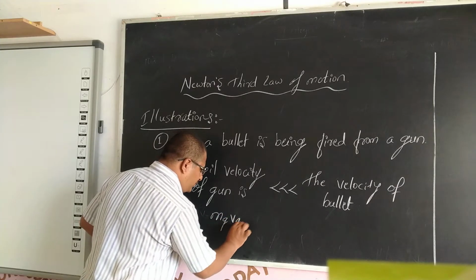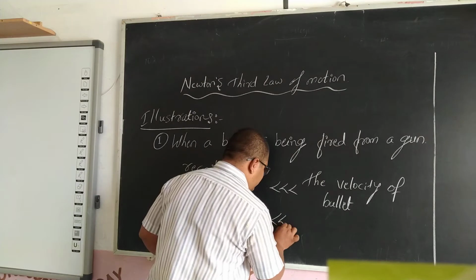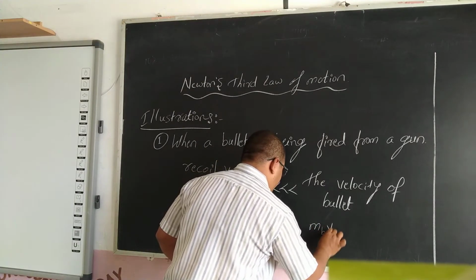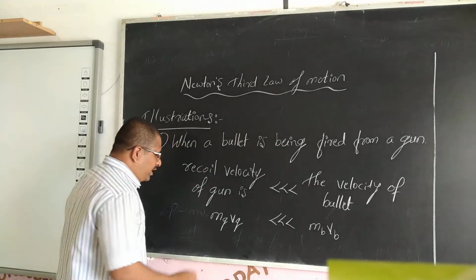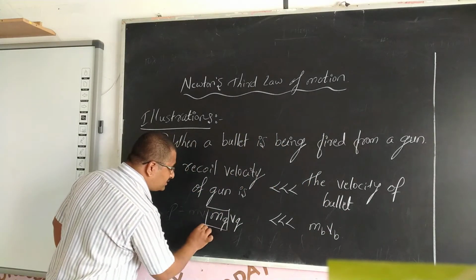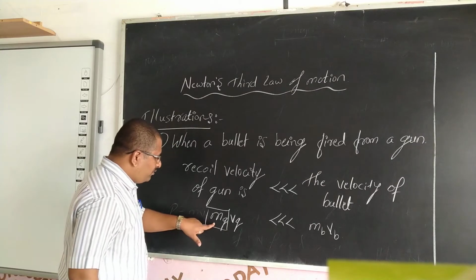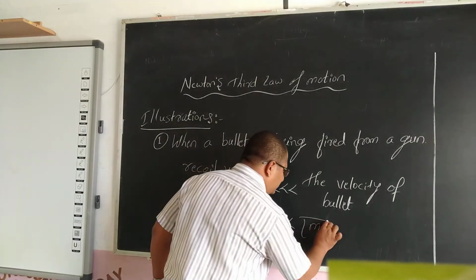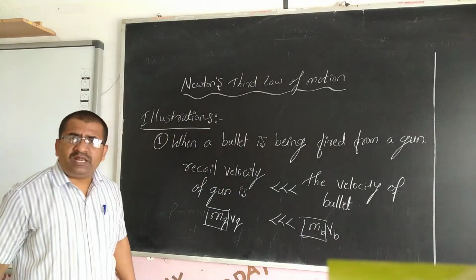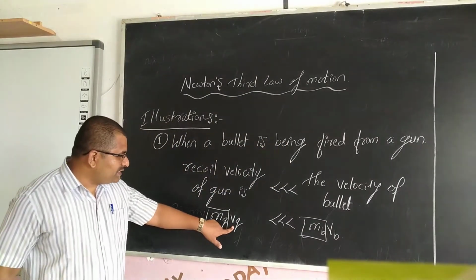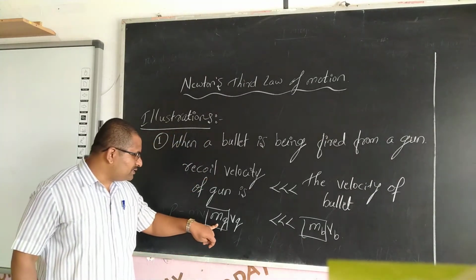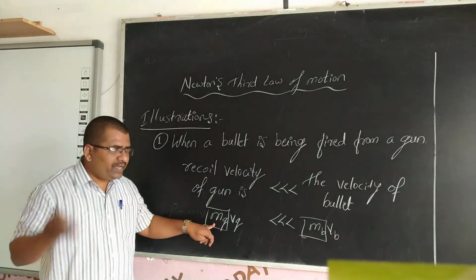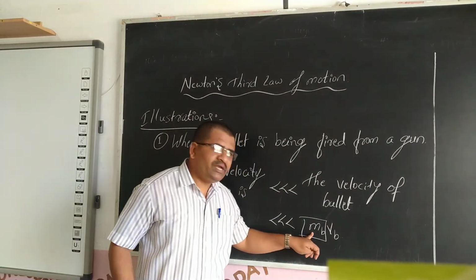mg vg is equal to mb vb. The mass of the gun is very high, and the mass of the bullet is very less.